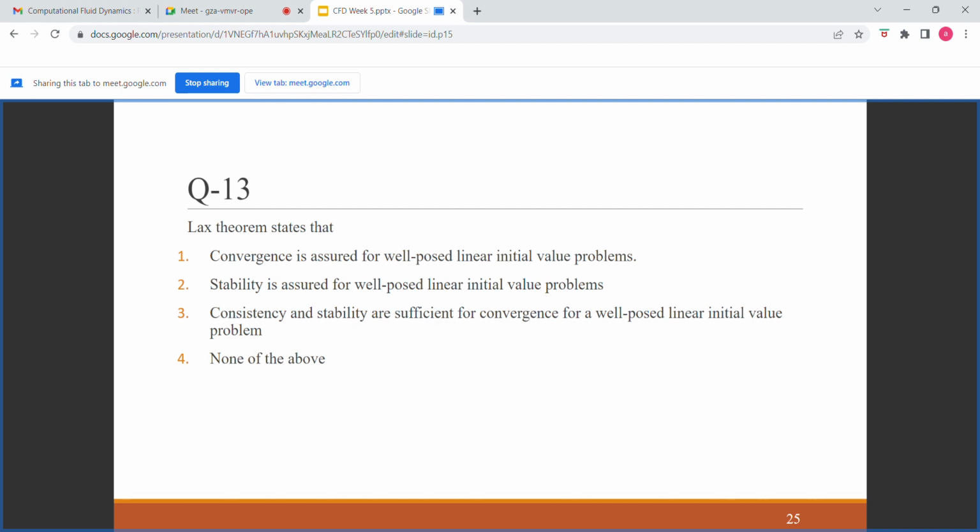We can reflect back on what we saw in Lax's theorem three slides back. It was that consistency and stability are sufficient conditions for convergence. So what is consistency? What is stability? What is convergence? Just try to recollect that and we are good to go with Lax's theorem.